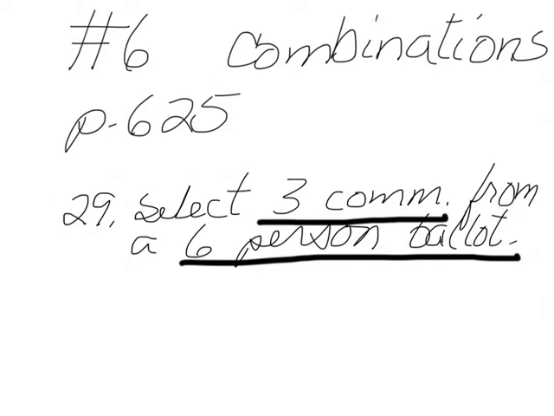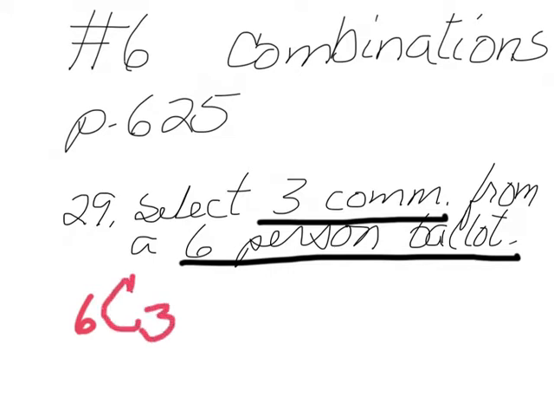So the first thing I want to do is figure out if this is a combination or not. I have 6 people, and I want to choose 3 of them to be a commissioner. Those commissioners don't have any rank or priority at all, so I'm just choosing 3 out of 6, so order doesn't matter. So this is a combination.